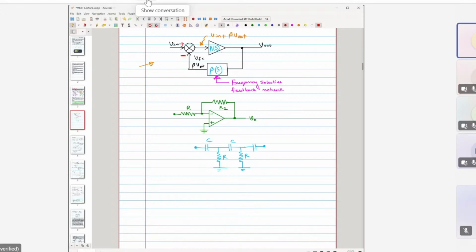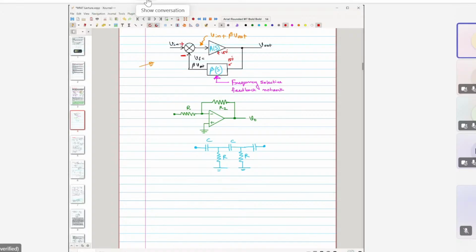This should be producing 180-degree phase shift and this part should be able to produce 180-degree phase shift, right? And this A and beta, these two multiplied would give equal to 1, mod of A beta would be equal to 1.